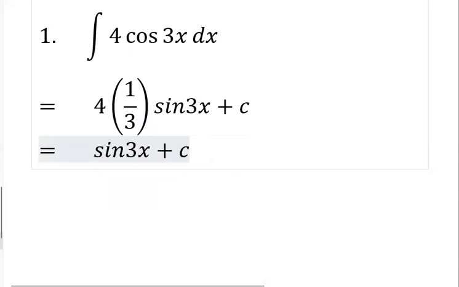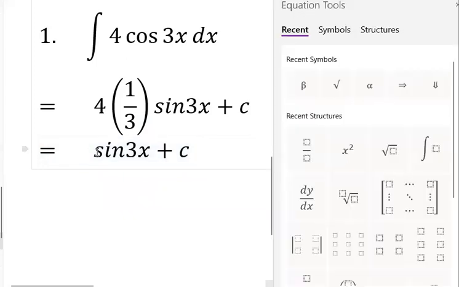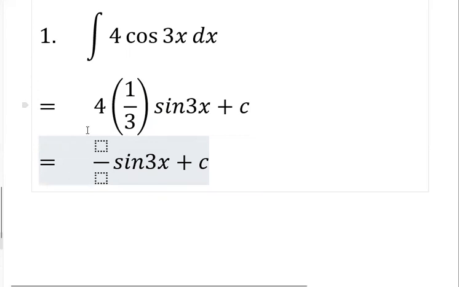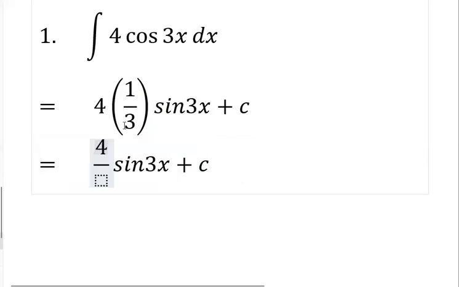Since we are now multiplying, 4 times 1 here will give us what? 4. Then 3 is at the denominator here. So we have 4 over 3 sine 3x plus c. So this will be our final answer.